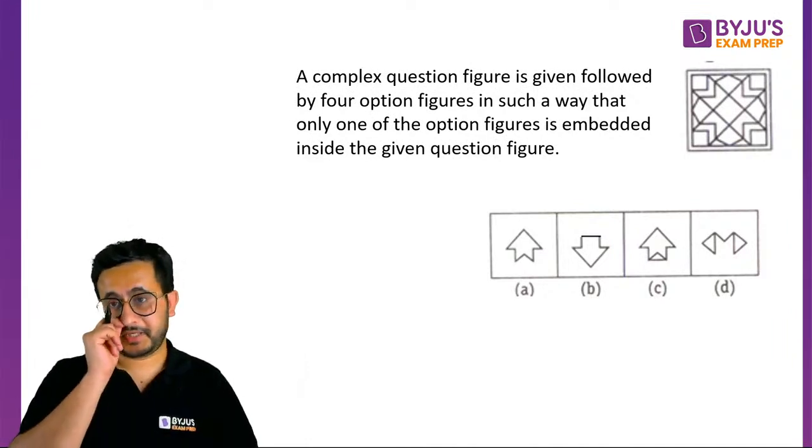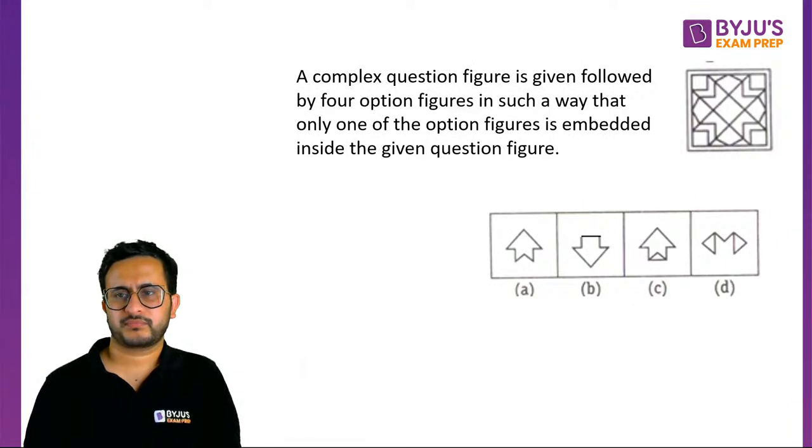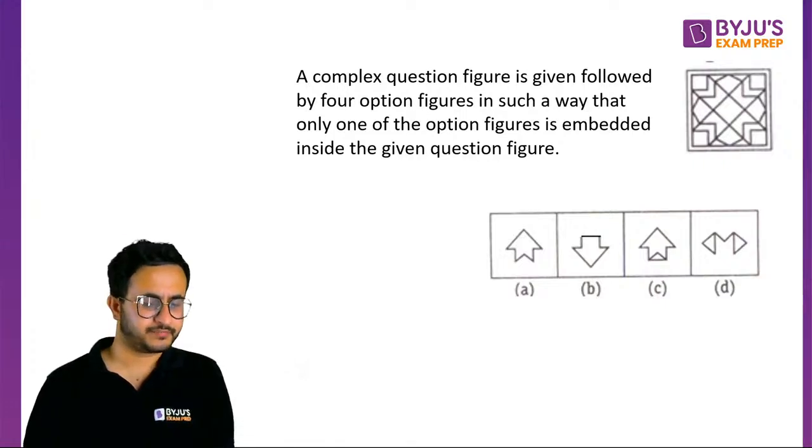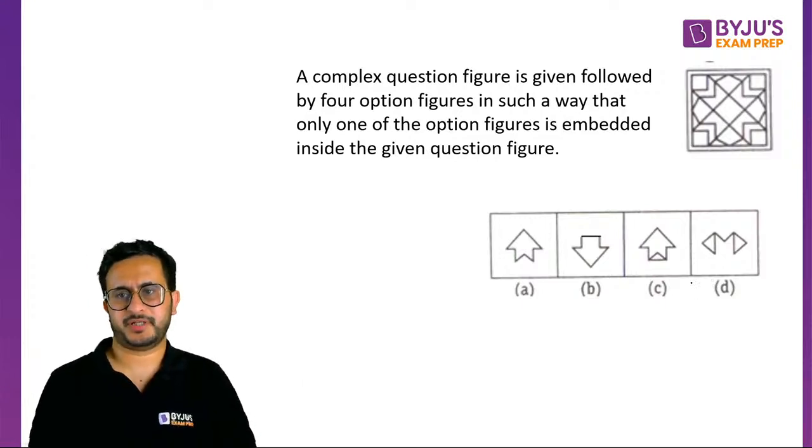Then in this case, we might have to rotate things. In this case, you will have to rotate an answer, because straight, you do not see any arrows, nor do you see an M shape like this.